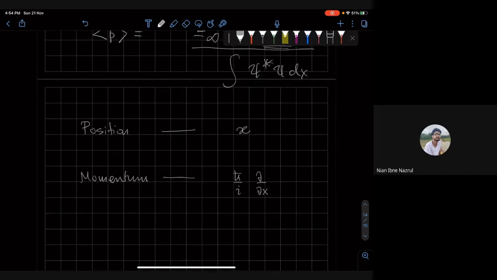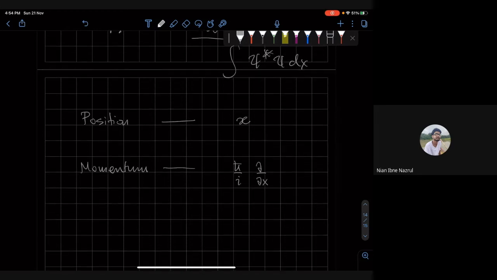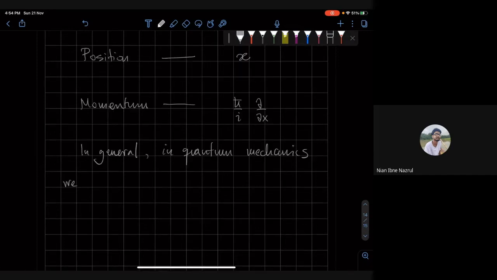So this is basically saying that in general, in quantum mechanics, we can associate with an observable an operator.